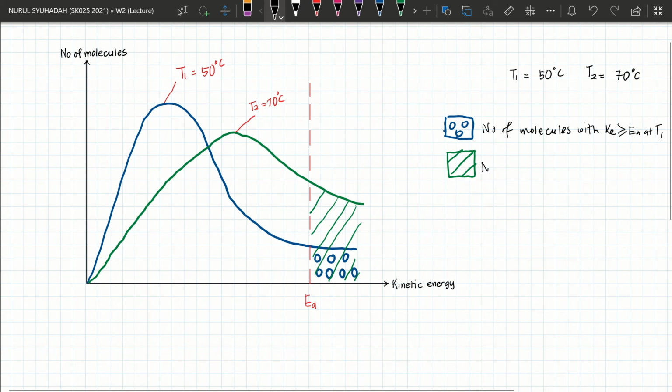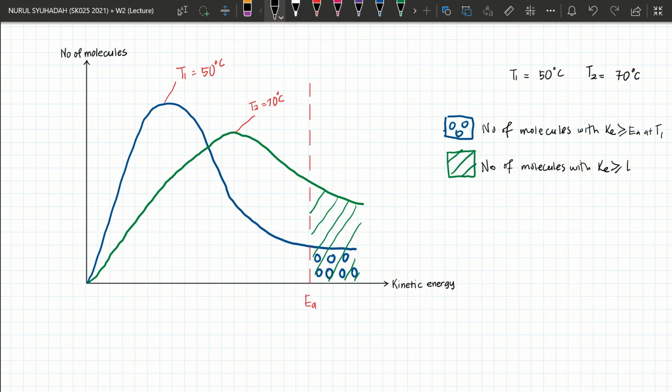So the green one, number of molecules with KE more than or equal to activation energy at T2. Or simply, if you don't want to put T1 or T2, you can put at 50 degrees Celsius or at 70 degrees Celsius.